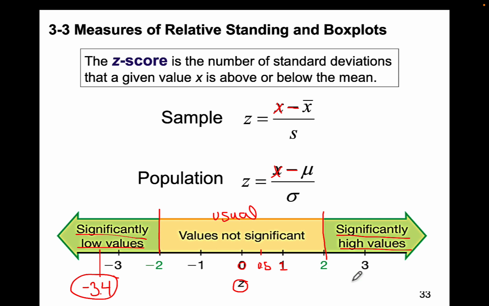A data value having a Z-score of, let's go somewhere here, positive 2.3, that data value would be considered significantly high. Any data values with Z-scores greater than 2 or less than -2 would be considered significant. They are more than 2 standard deviations above or below the mean.